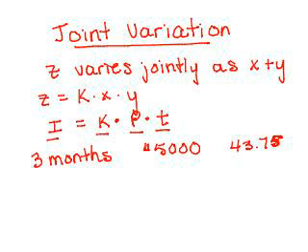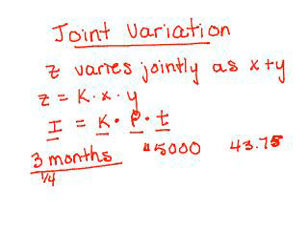So you substitute it in, and you figure out what the constant is. In any banking problem like this, the time is always in years. So we have to convert the 3 months to a fraction of a year. That's going to be 1/4 of a year.